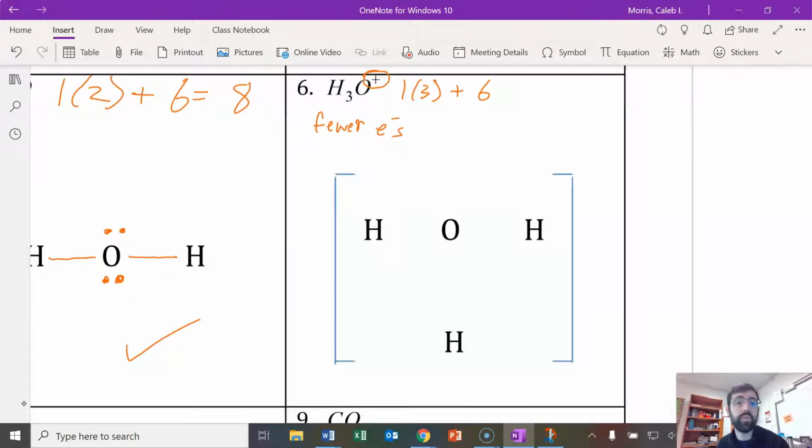This is a positive 1 charge, so that means I'm going to have 1 fewer electron. That means I need to subtract 1. So I have 6 plus 3 minus 1, which is 6 plus 2, which is 8.